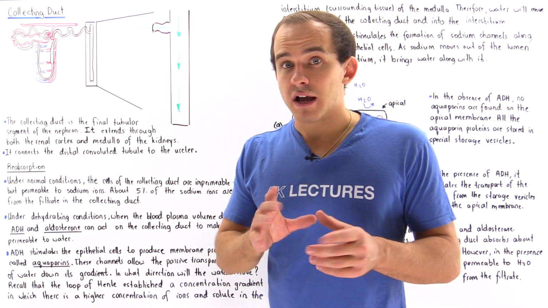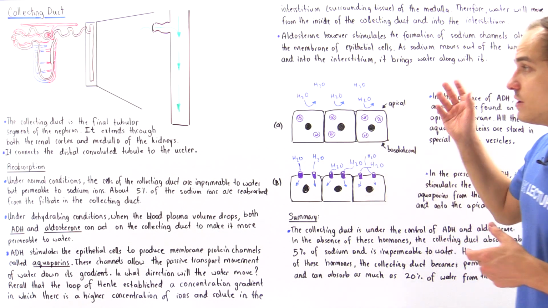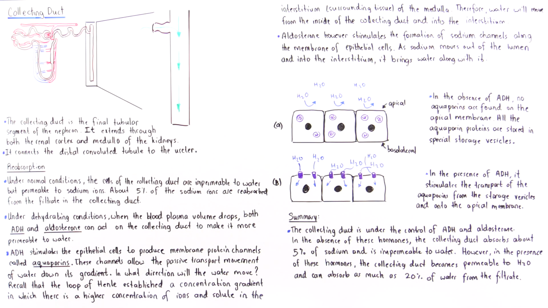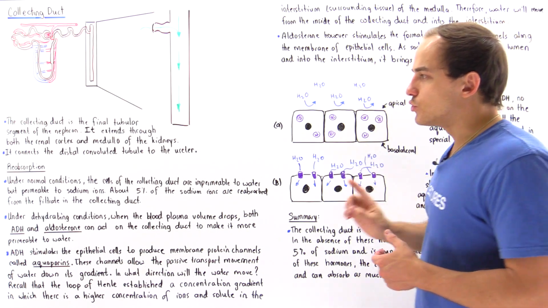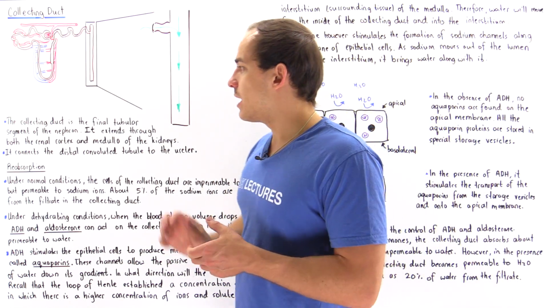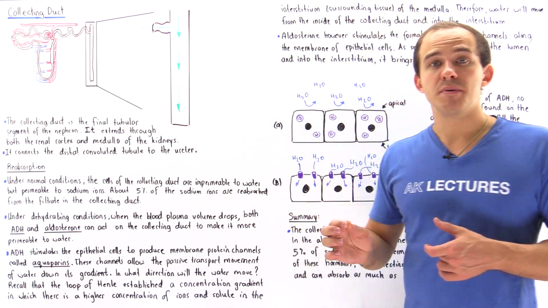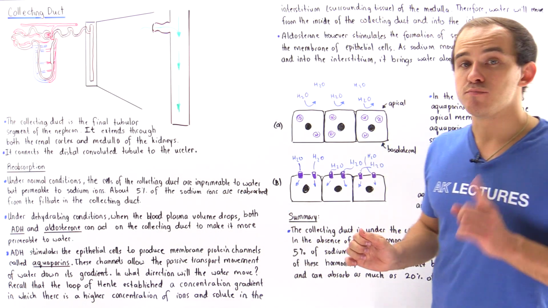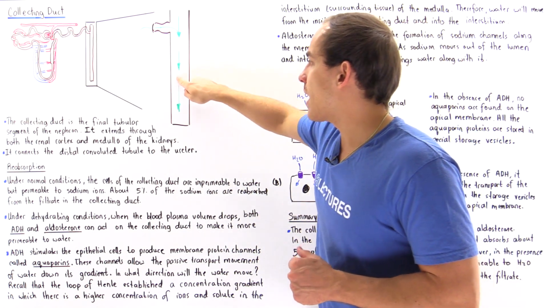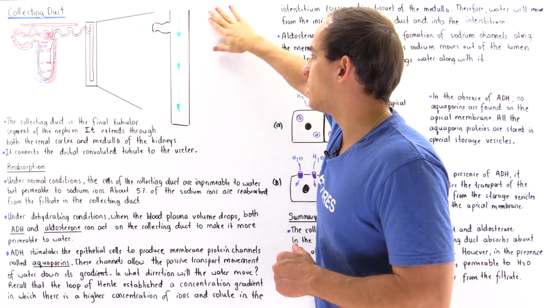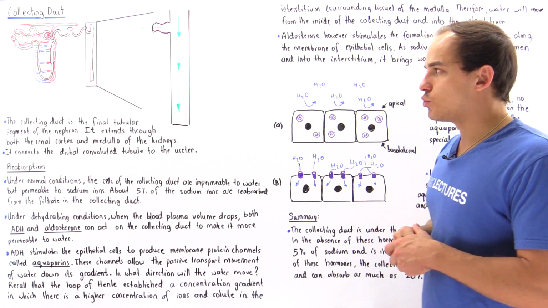And the particular epithelial cells involved in this process are called principal epithelial cells. So if we produce more sodium channels on the apical side of the membrane, more sodium ions will be absorbed by the collecting duct. More sodium ions will travel out of our collecting duct and into our interstitium.